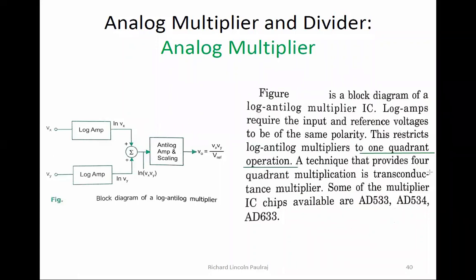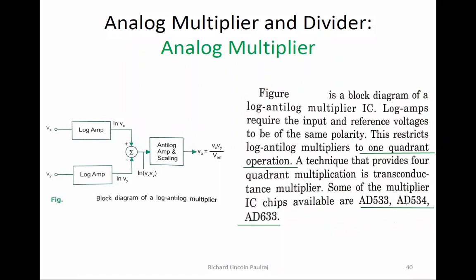A technique that provides four quadrant multiplication is the transconductance multiplier. Some examples that you can quote while writing your exams are AD533 and AD534. We are not going to look into the architecture or circuits of these, but these are also some kind of multipliers, just like how we have seen the usage of log and anti-log here.